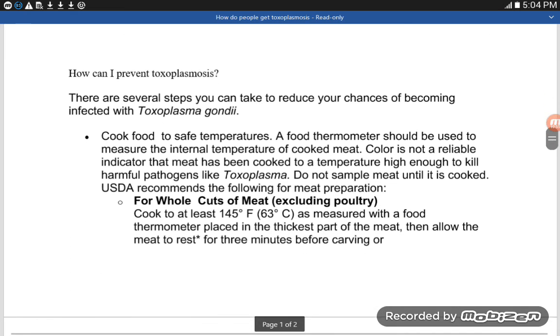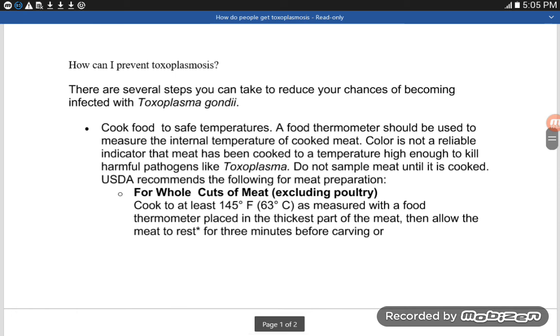So next one, how can I prevent toxoplasmosis? Here are the preventive measures, how to prevent toxoplasma. There are several steps you can take to reduce your chances of being infected with toxoplasma. There are so many steps you have to take to reduce toxoplasma infection.